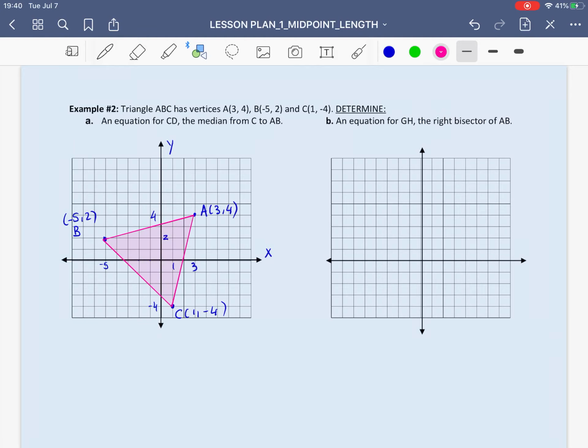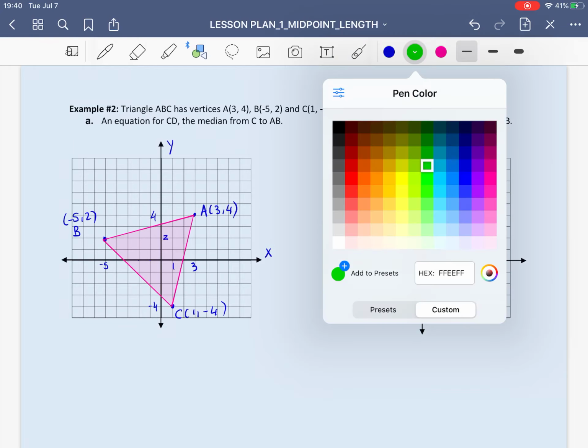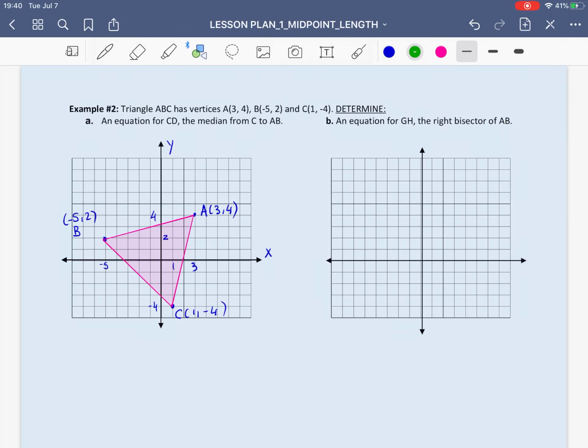Okay. And we will try now to find the equation of CD. So CD is the median drawn from C onto AB. That's the only way to draw it, right?